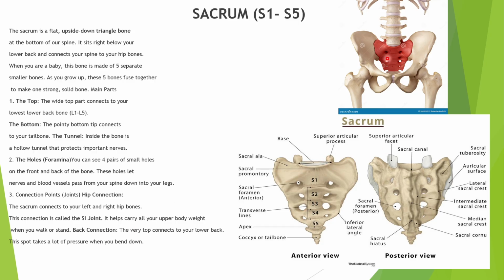So what do you mean by sacrum? This is the sacrum region, which you can see here is a triangular bone. The sacrum is 5 in number, S1 to S5, but when it is fused, it becomes 1 in number. The word sacrum comes from the Latin term for the sacred bone or holy bone. Why is it called the holy bone?